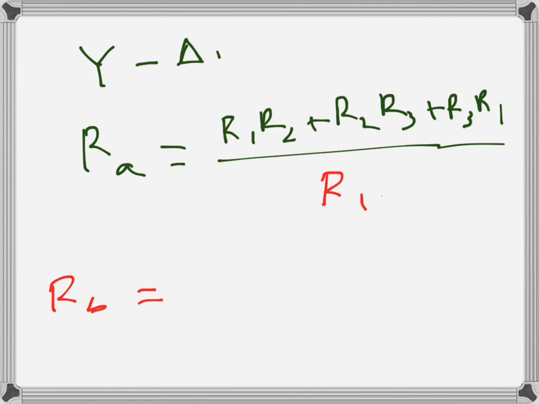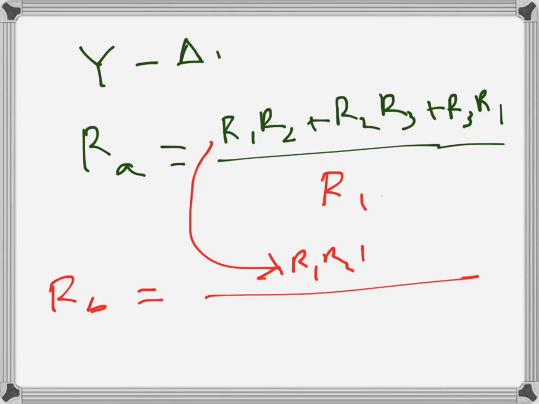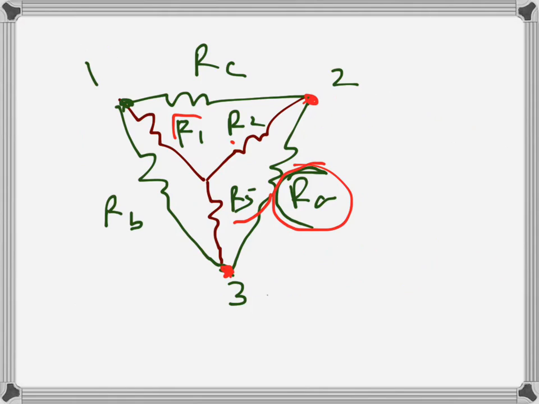Similarly RB will be the same thing on top, so I won't write it again. Maybe I will: R1 times R2 plus R2 times R3 plus R3 times R1. But in the denominator, since for RB we are talking about these two nodes, R1 is connected to this node and R3 is connected to this node.